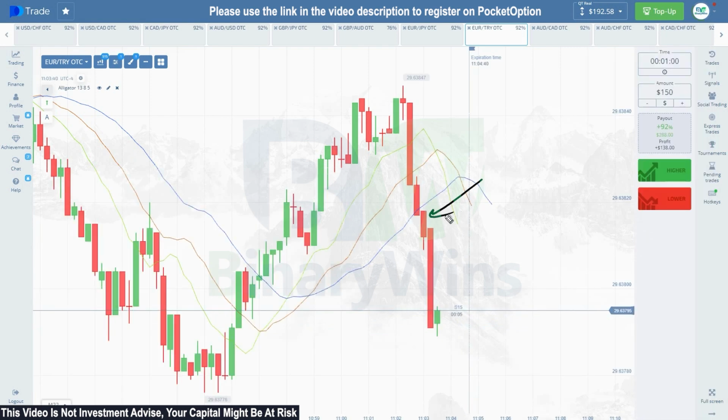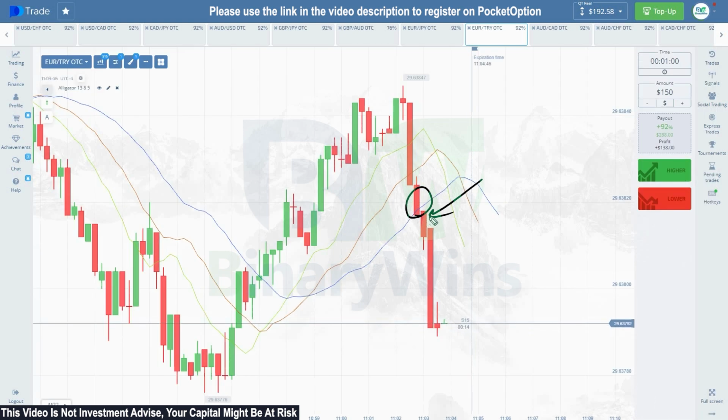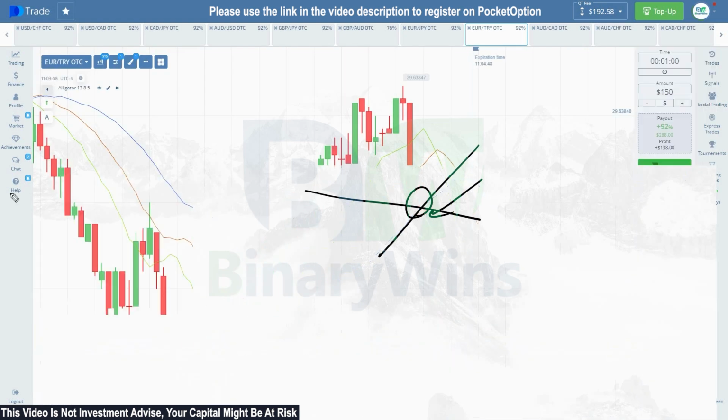If you look at this position, the candles crossed our dynamic lines. So, we don't do anything.